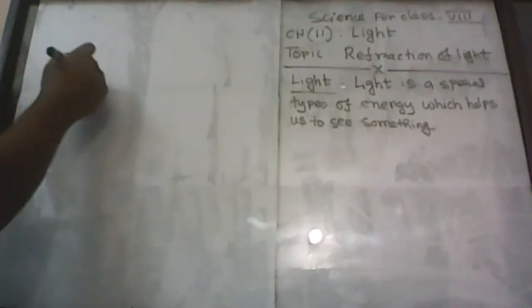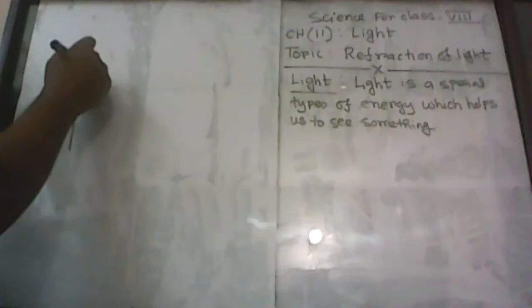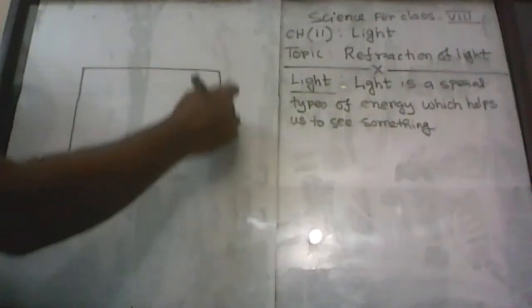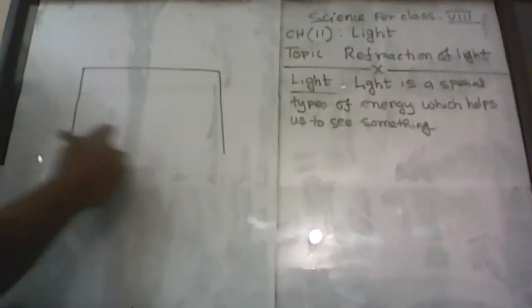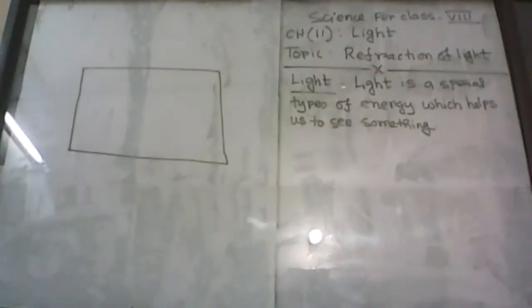Suppose, boys and girls, this is a transparent glass plate. I just want to know, if a ray of light is incident on this transparent glass plate, then what will happen?